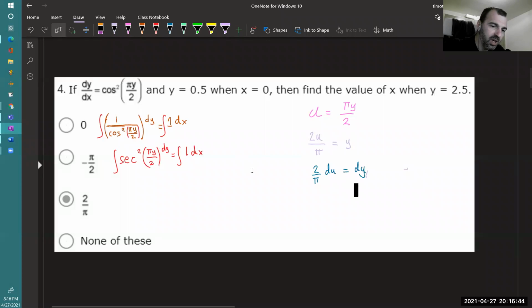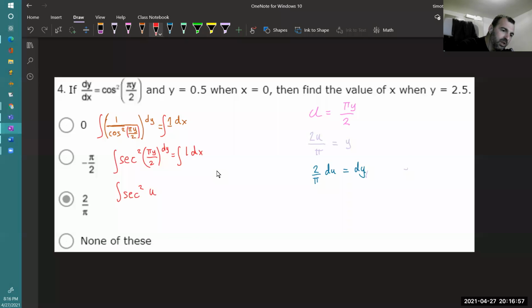So there's my dy. It's just going to be a 2 over pi du. So I'll make that, and then I'll put a u in here. All right, so my integral of secant squared of u du, and then I'm going to put a 2 over pi out front.